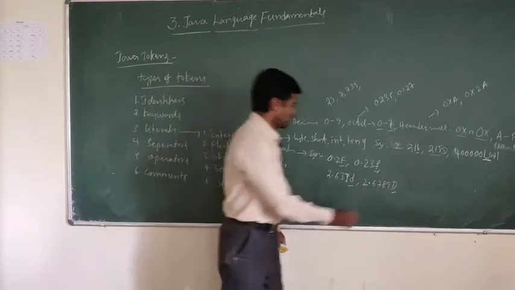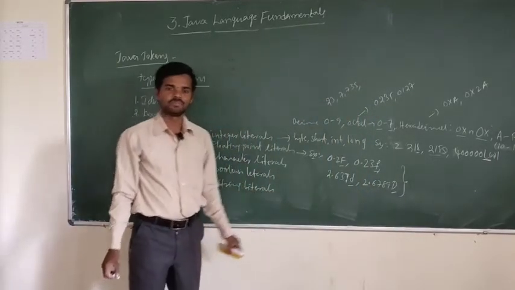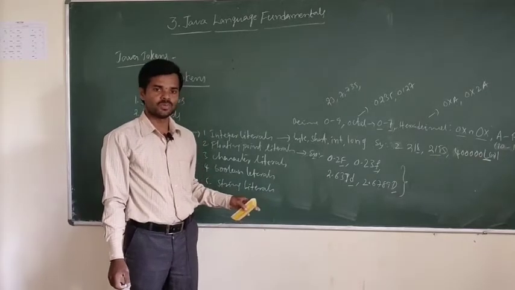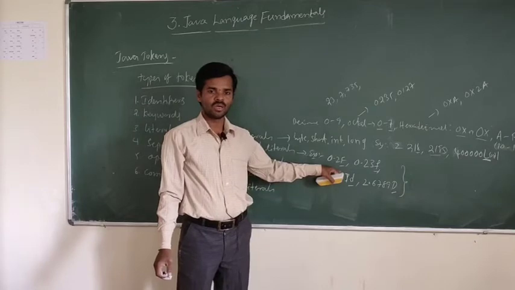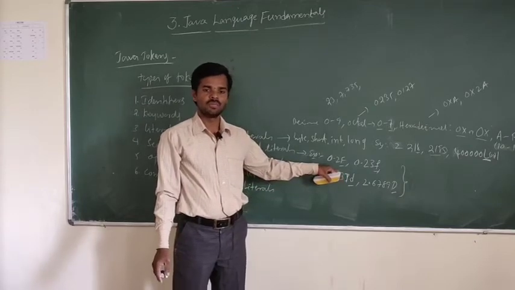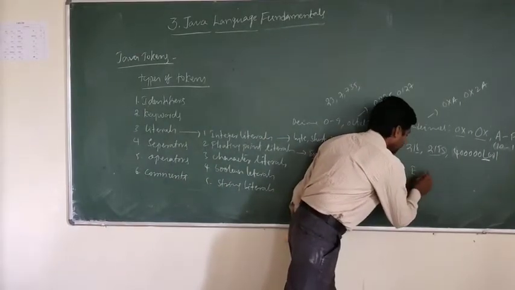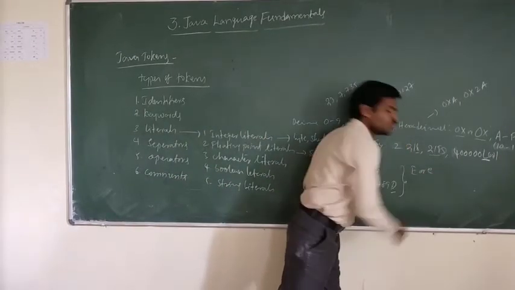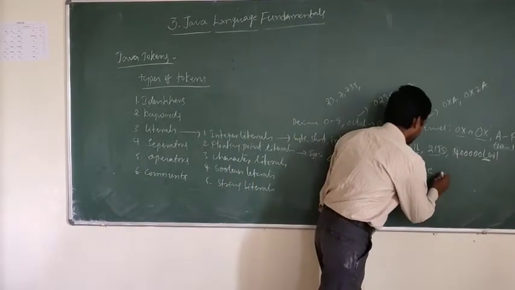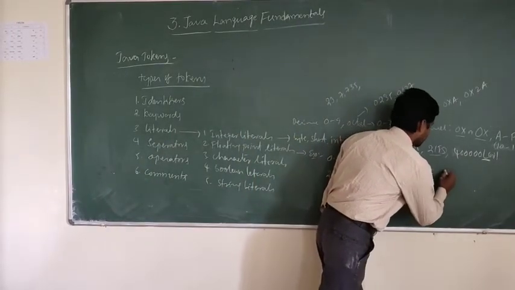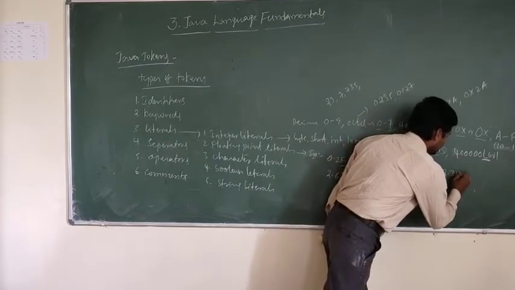Even these floating point decimals you can also define by using the exponential form. Suppose if the number is too long, then you define that number by using the exponential form, that is E for exponent, capital E or small e. For example, for float I can define 2.3E2.